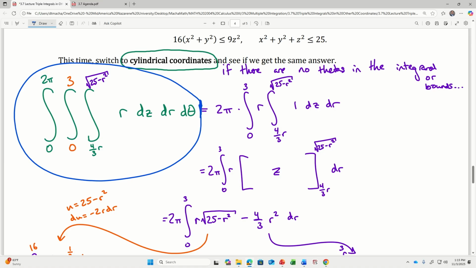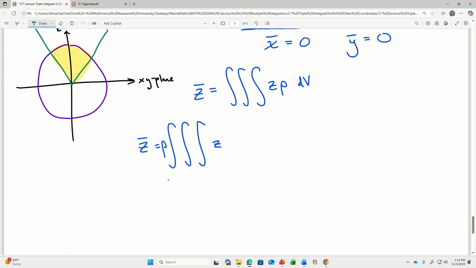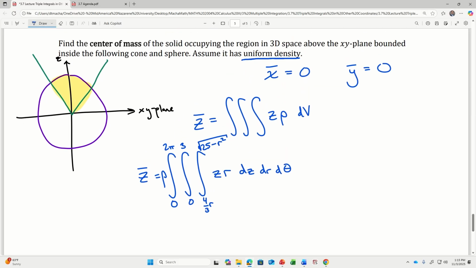So we're looking at the integral from 0 to 2 pi, of the integral from 0 to 3, of the integral from 4/3 r to the square root of 25 minus r squared, of zr dz dr d theta. Okay, does everybody see how we set this problem up?